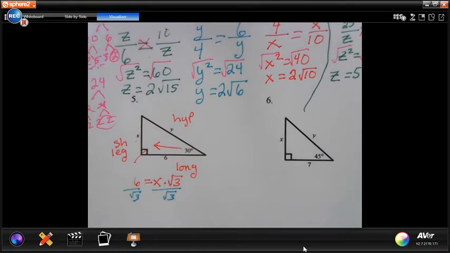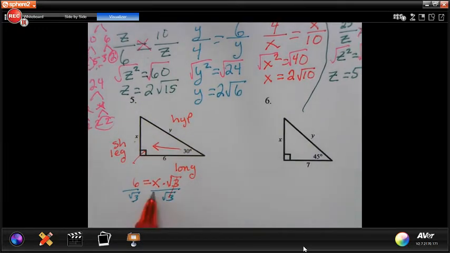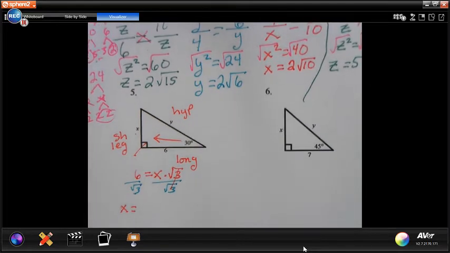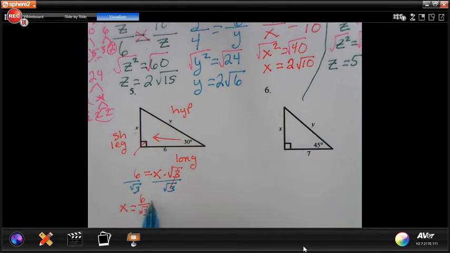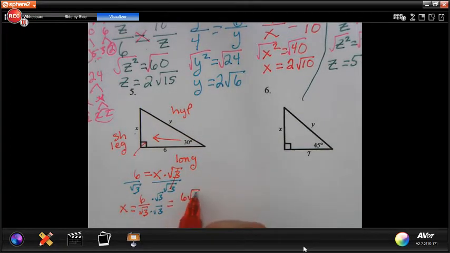Okay, so when I cancel those out and I get just x alone, I'm going to write x first. I like the variable to be first. We have 6 over radical 3, and the trick that Mrs. Cortez and I taught you was you have to multiply the radical 3 on top and bottom, but what you're really doing is just writing the radical on the top and making it whole on the bottom.